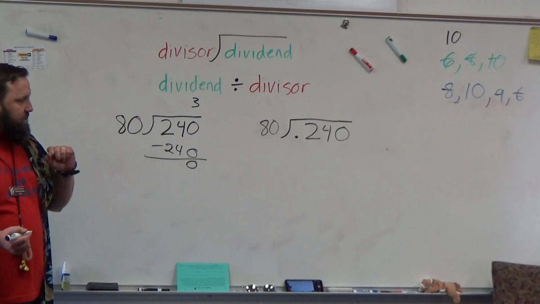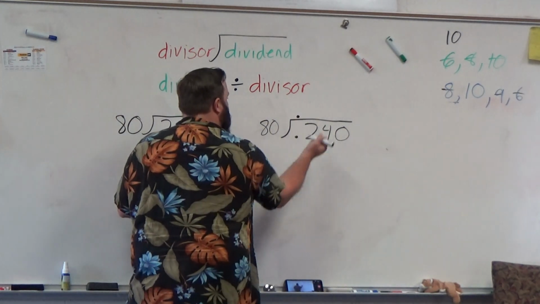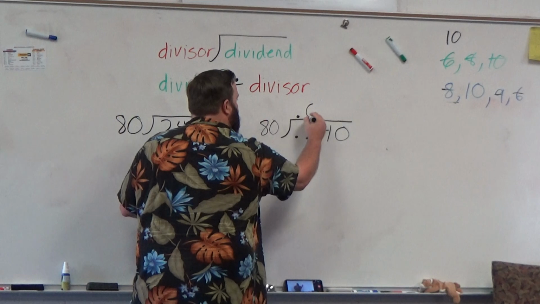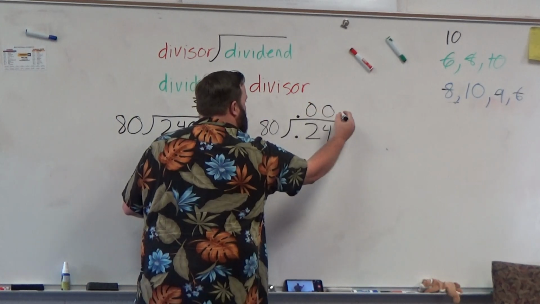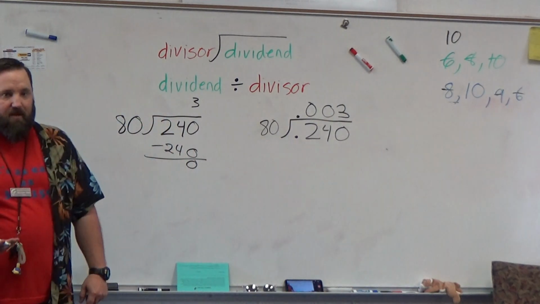And then we worked it out. We said it is what it is. So we brought our decimal up, and we found out that the answer was 0.03. Yes, everybody remembers that part.